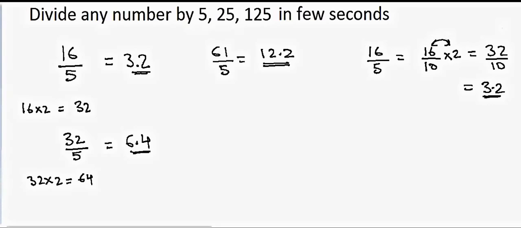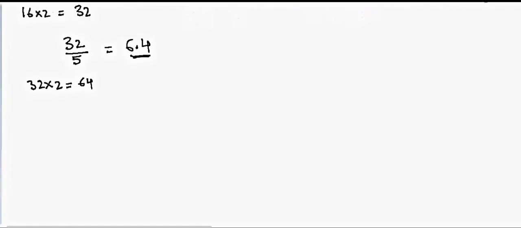The same trick can also be used to divide by 25. Suppose I have 16 and I want to divide by 25. In this case, instead of multiplying by 2, I will multiply by 4. So 16 into 4 is equal to 64.